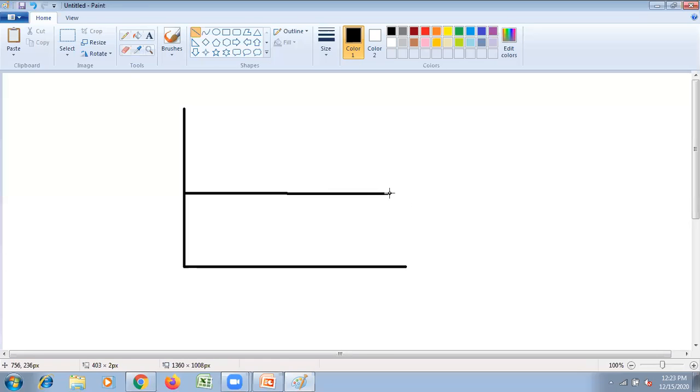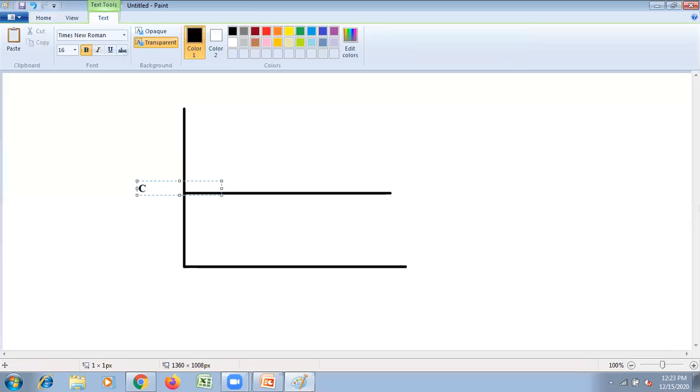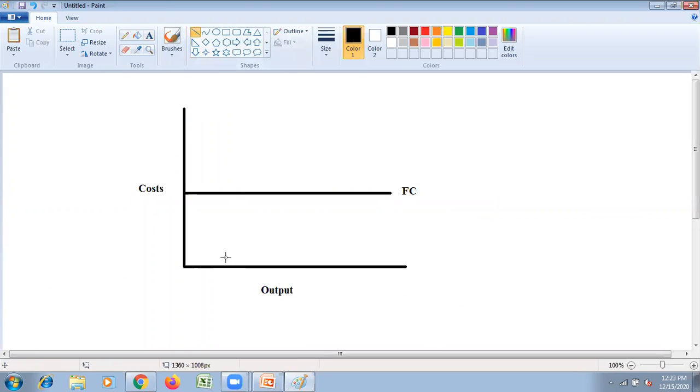You will see a horizontal curve, right? So if we are plotting a cost curve, we take cost here and we take output here, and we can easily see this is fixed cost, right?